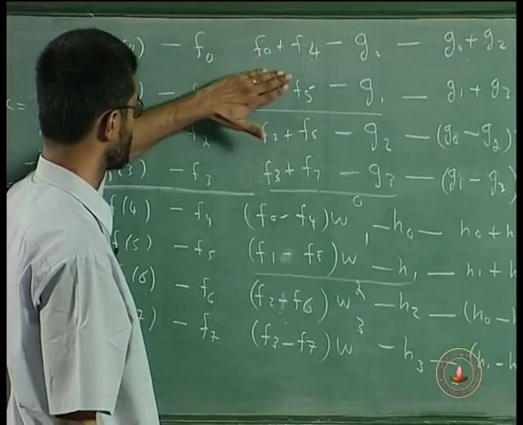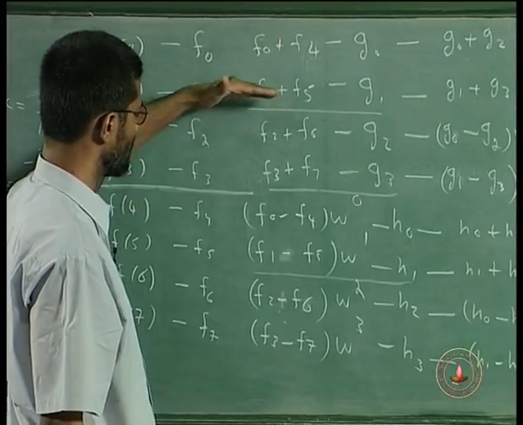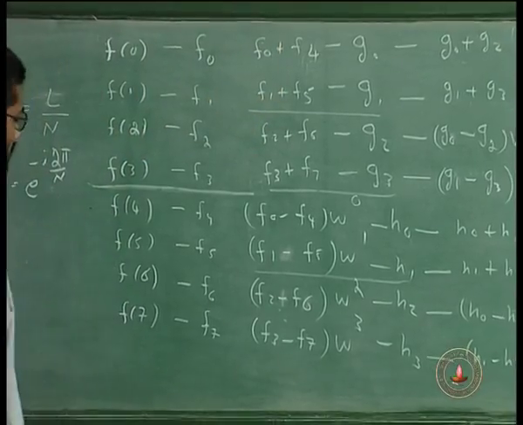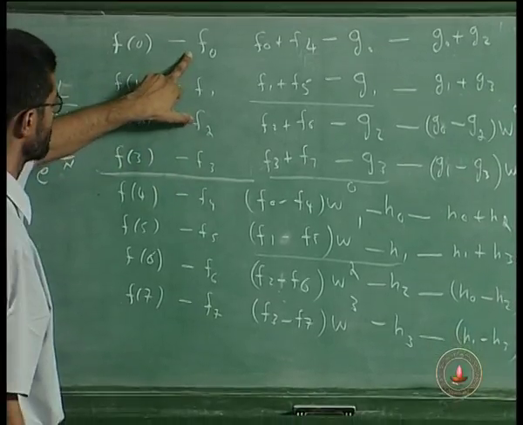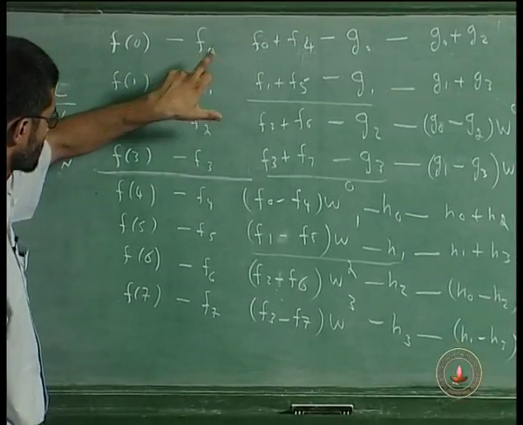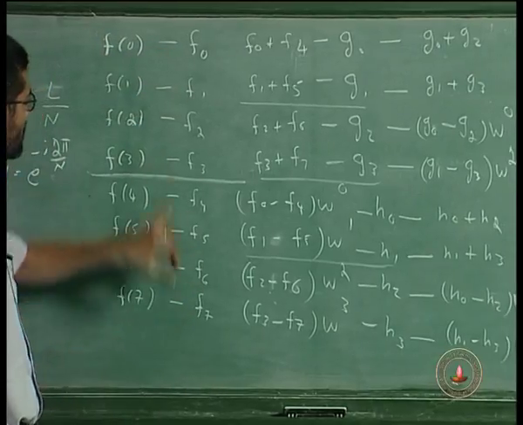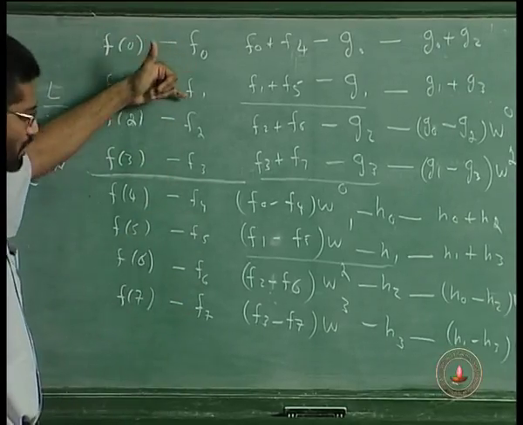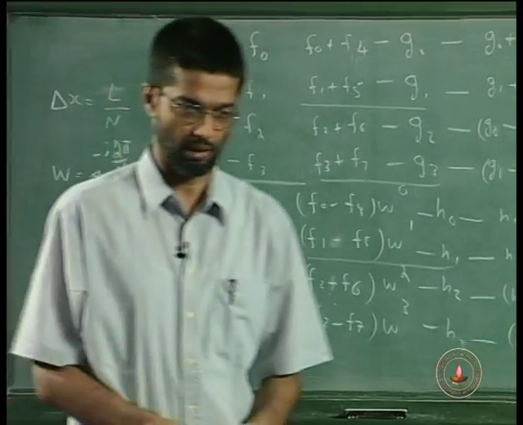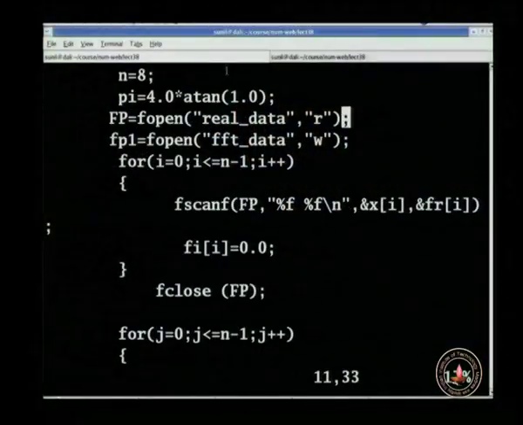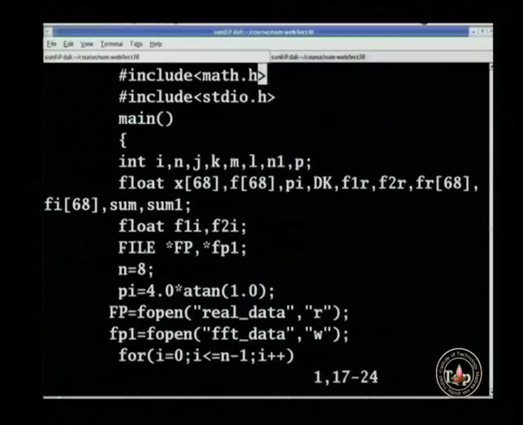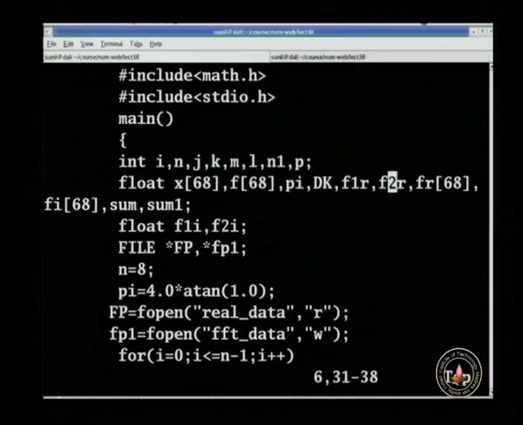For each of these functions we have to have the real and imaginary parts handled separately. So I do that starting from here itself. This function has a real and imaginary part. In principle, even the input data could be a complex number. So we say this has a real and imaginary part, and that is what I am going to call fr and fi. So my arrays fr and fi actually handle the real and imaginary parts of the function.